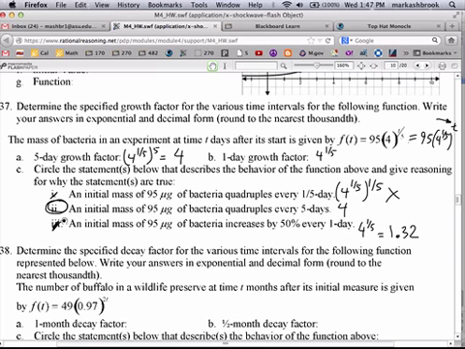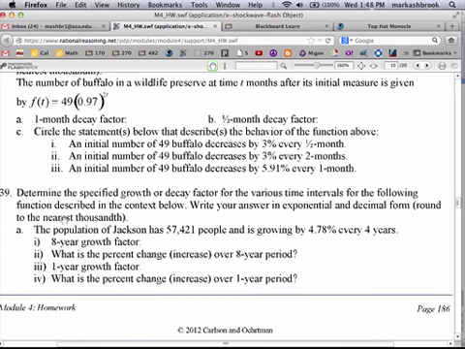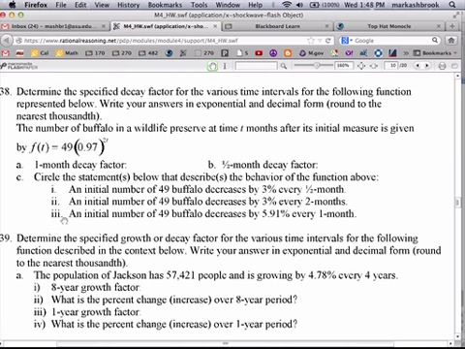All right, so 38. Same thing. So you could rewrite this as 49 times what to the t? So what would be in the parentheses to the t? He wants 0.97 squared. Agree with that? Yeah, so we could put that whole thing in the parentheses like that, and that would give us the same function as this. And then we know what the 1 month decay factor is.